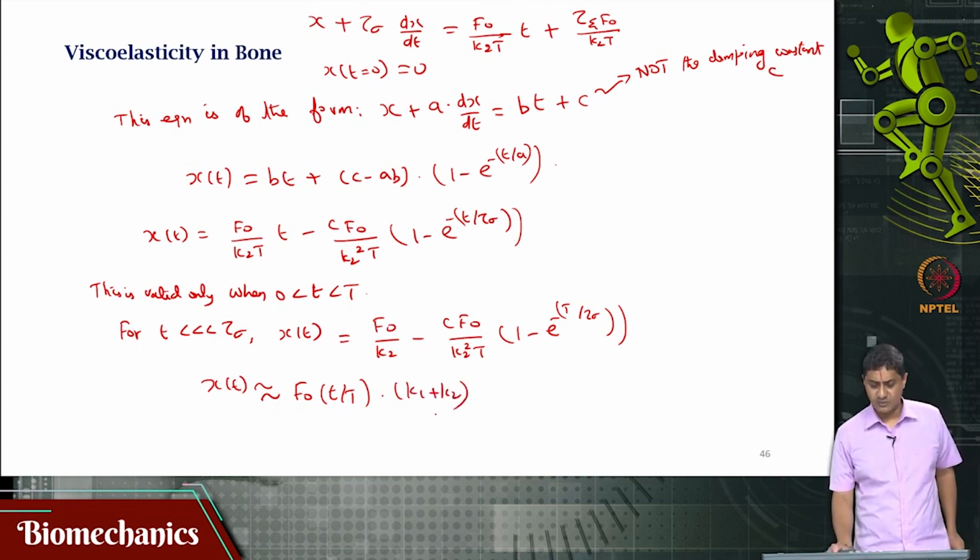Now the question is, what would be the deformation at the end of the force ramp? That is, what would be the deformation at x of small t equal to capital T?